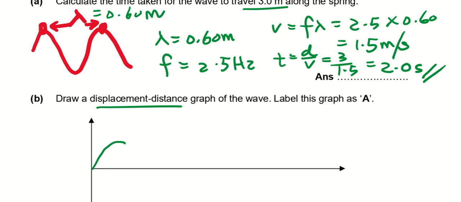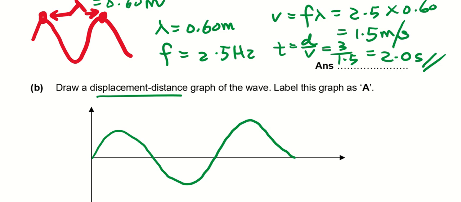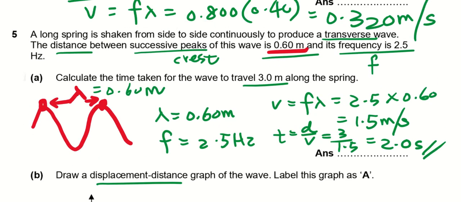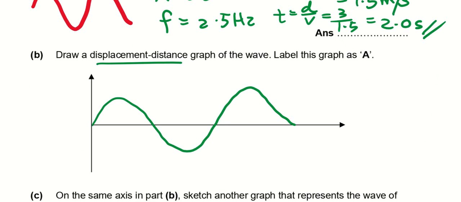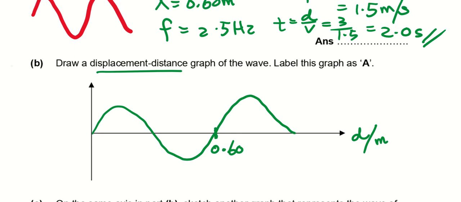So I will start with this. Somewhere I need to indicate that the wavelength is 0.6. So this is a good point, 0.6. This is our distance, and this is our displacement.